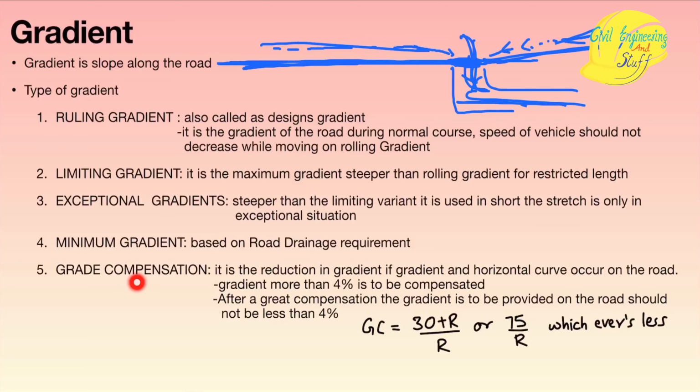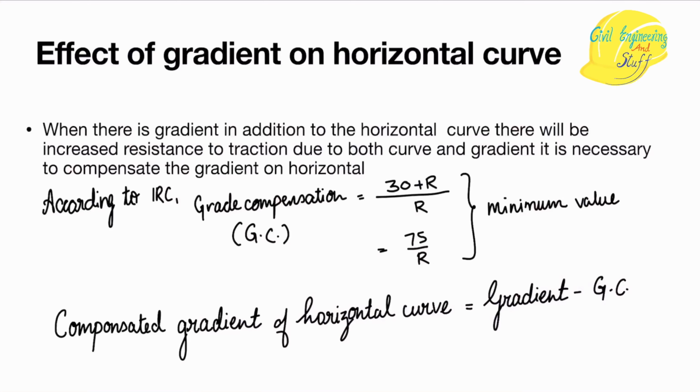And then we have grade compensation, which is done when we have a horizontal curve, and if the gradient is more than 4%, then only grade compensation is done. Grade compensation is equal to (30 plus R) by R or 75 by R. As per IRC recommendation, whenever we have a horizontal curve, there will be increased resistance to the tractive force due to the curve and gradient, so it is necessary to compensate the gradient.